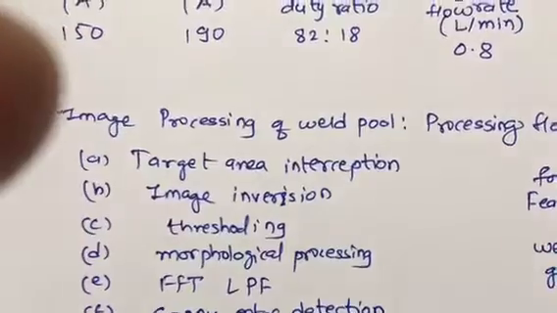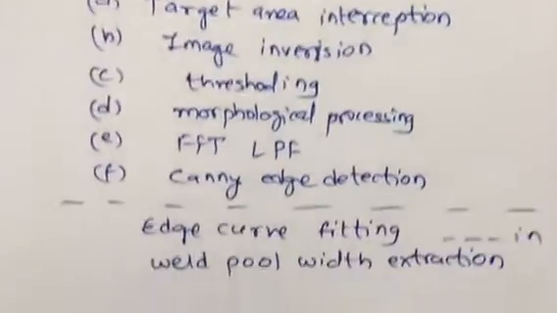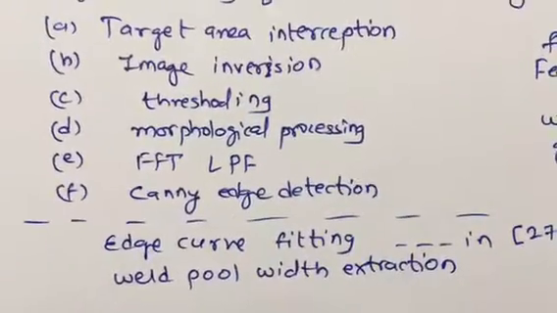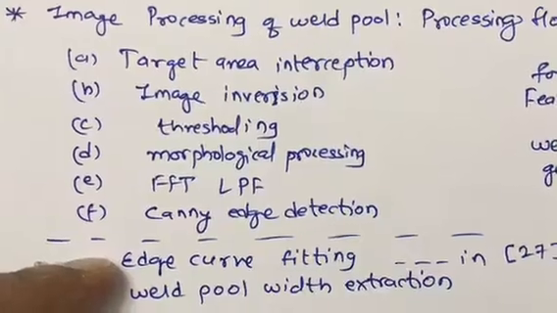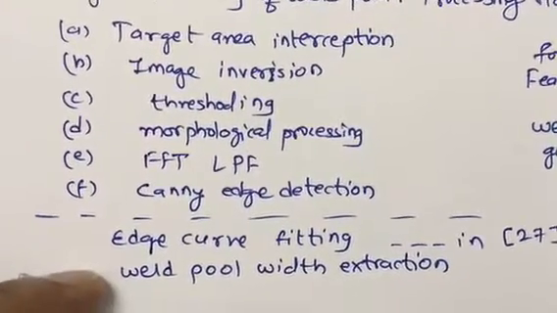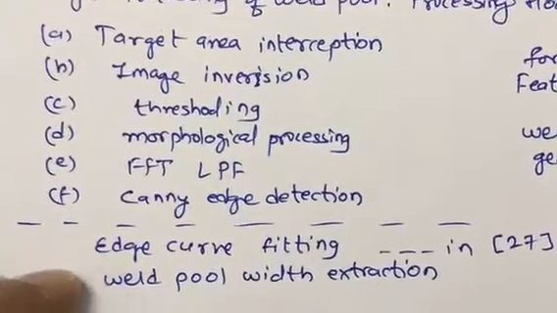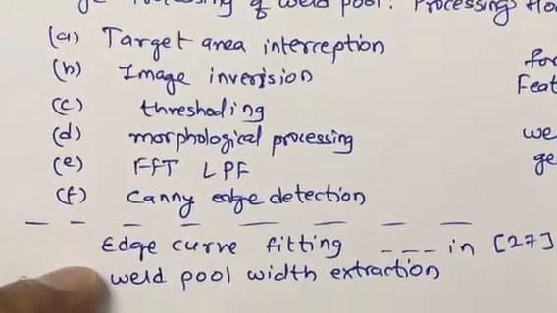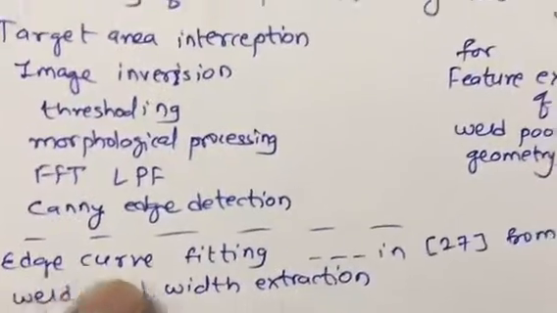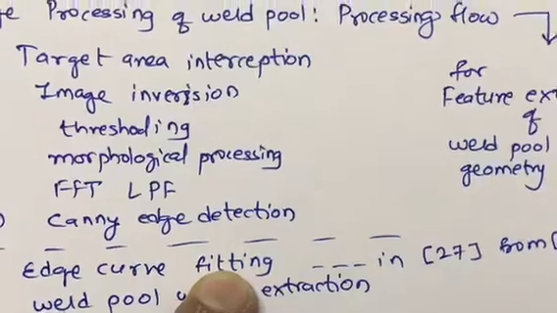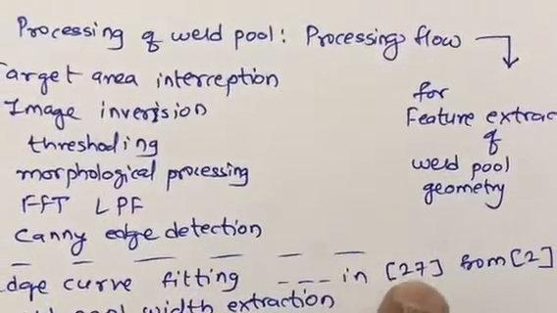Now there should be question in your mind, why this image processing of weld pool is done. So you will find that the next two parts are edge curve fitting from the extracted image, and the last part is weld pool width extraction. So this is the most important part. This is why the authors have worked upon this particular work. So the information algorithm of the edge curve fitting is taken from reference number 27.